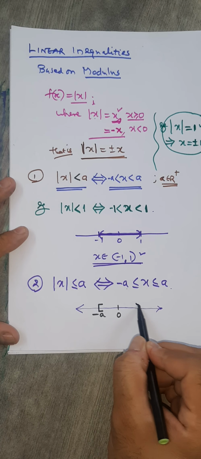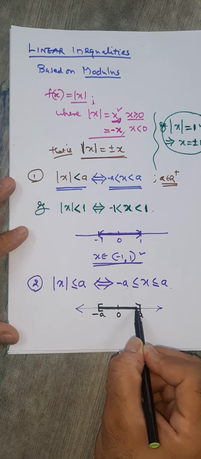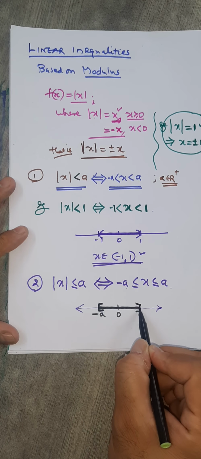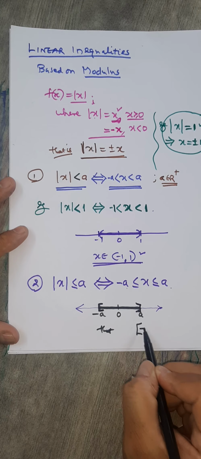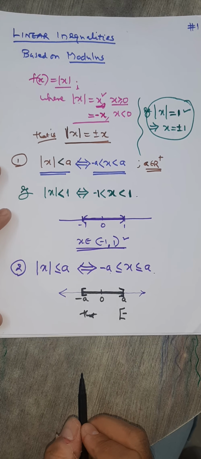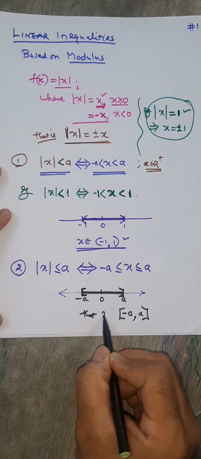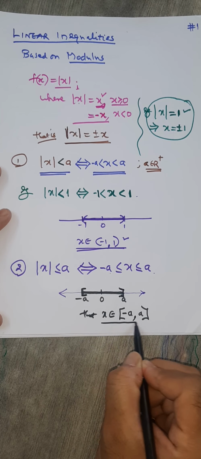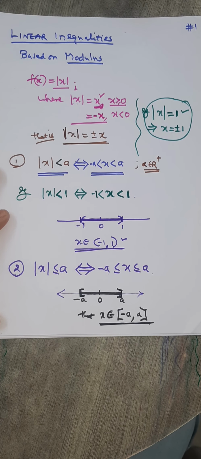From minus a to plus a, all these numbers. So this is called closed interval minus a to a. x belongs to closed interval minus a to a.